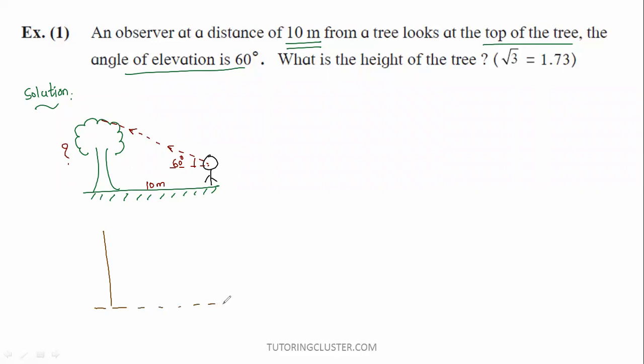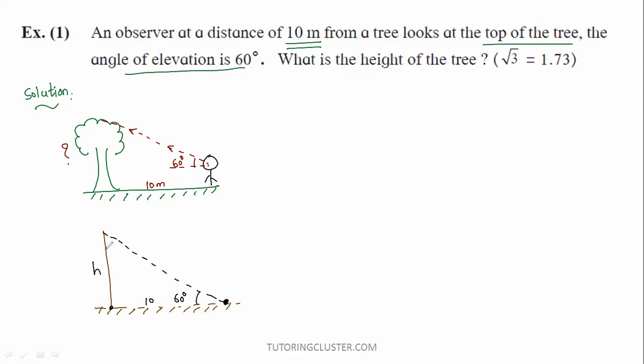Okay, this is your ground. Now there is an observer here. He is looking at the top, making an angle of 60 degree. Okay, they have asked you what is the height of the tree, and this distance is given as 10 meter.